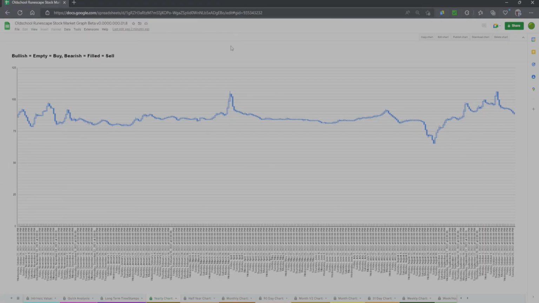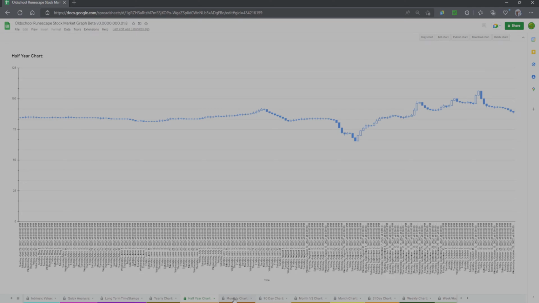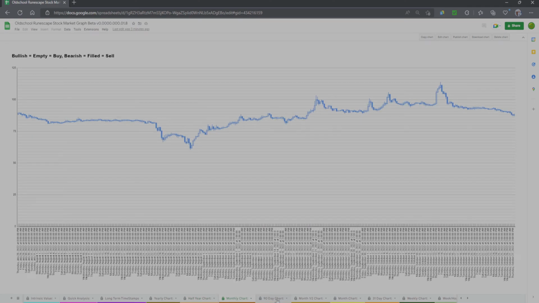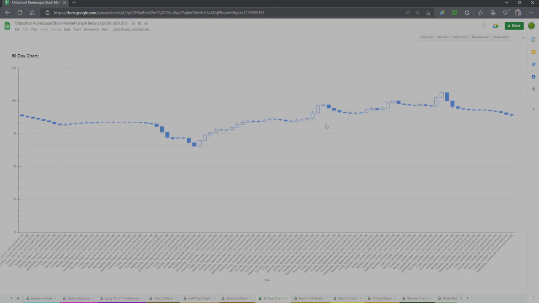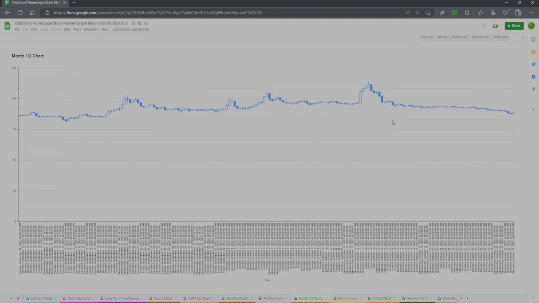And then this is the really cool stuff that I've actually done. Okay, so this is the yearly chart, and it goes through different time frames. So this is a daily chart, basically.